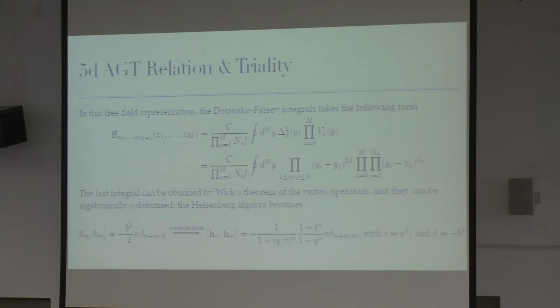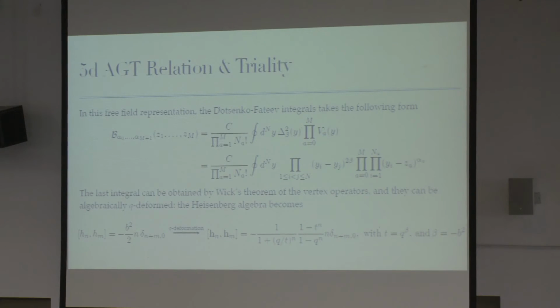And in the 90s, people, for different motivations, introduced a q-deformation of this algebra by deforming the Heisenberg generators in a q and t dependent way. So here q and t can be related to each other. You can write t equal to q to the beta, where beta is a complex number.